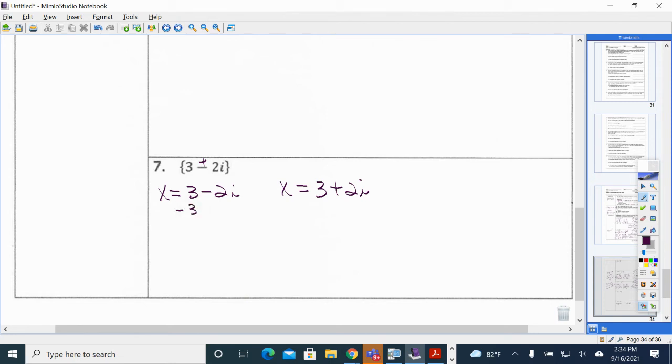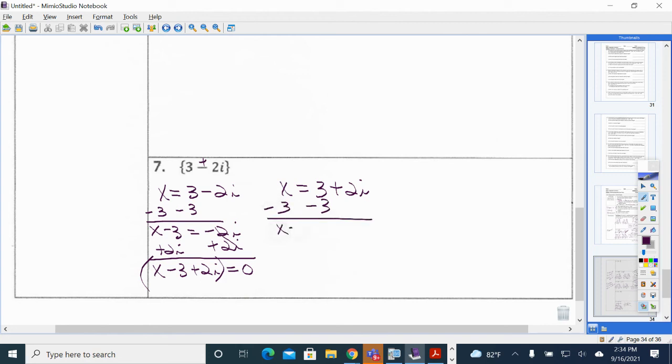So minus the 3 and add the 2i. And I know that that seems weird that I would go through all of that, but I prefer to have my x turn positive. And then on the other one, again, same thing.